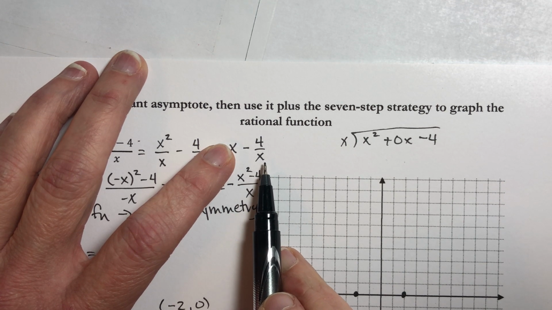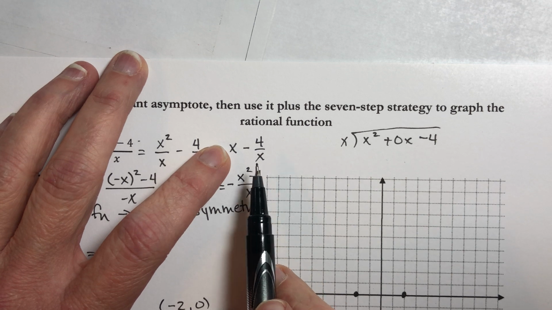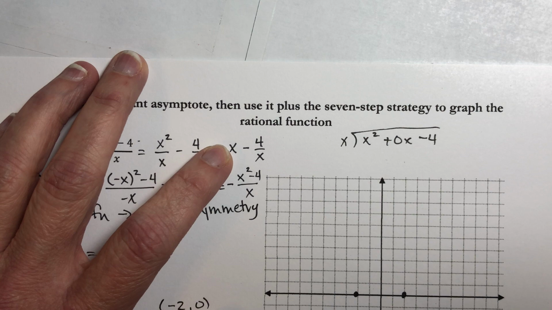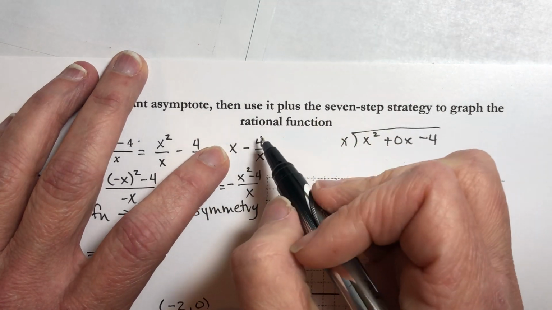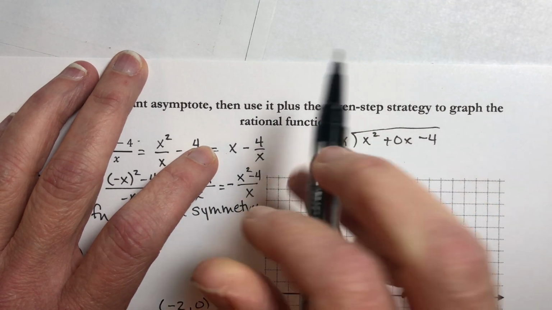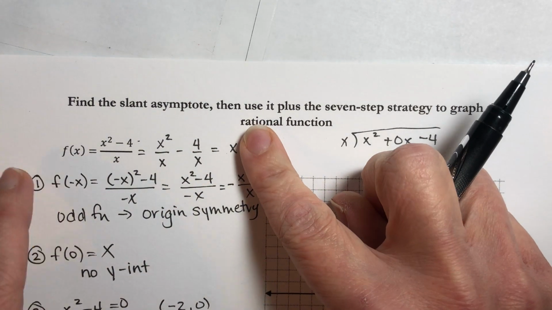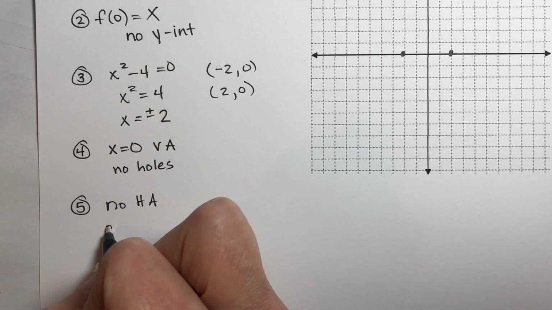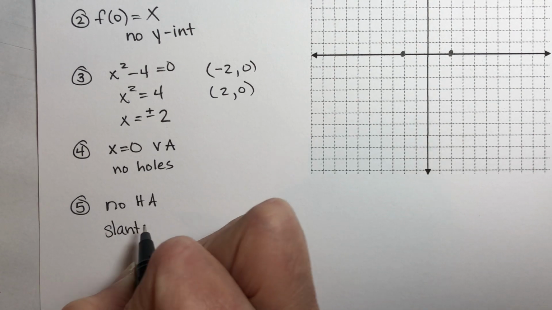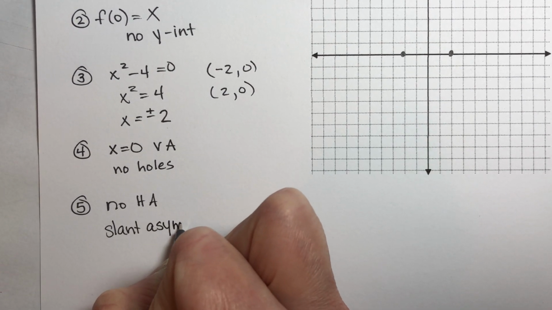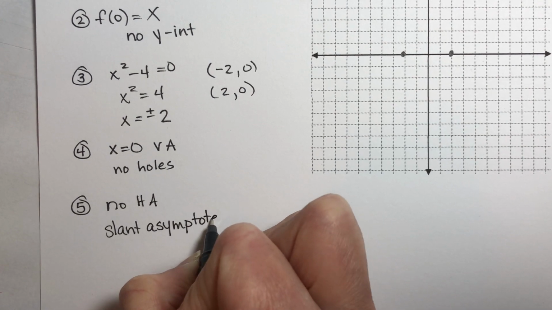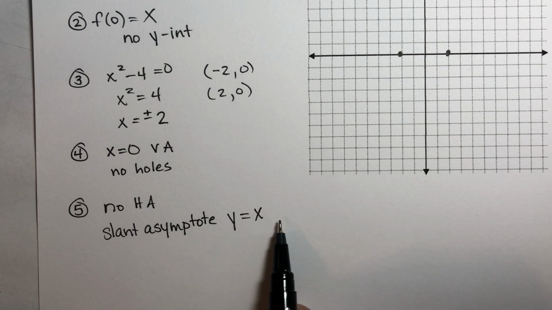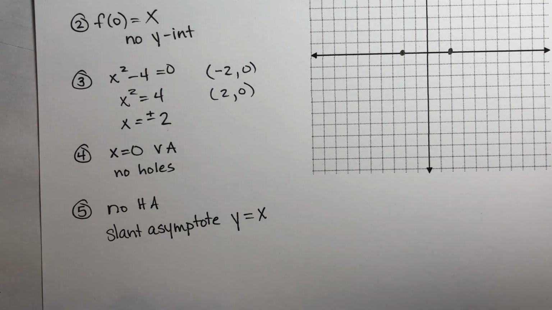Really large negative numbers would do essentially the same thing. This would become essentially zero. So as x gets really large, it's pretty much the same thing as x. So we have a line that's going to work as an asymptote.